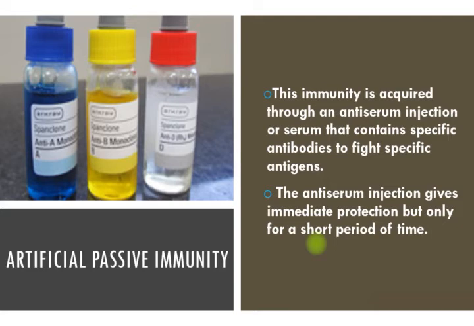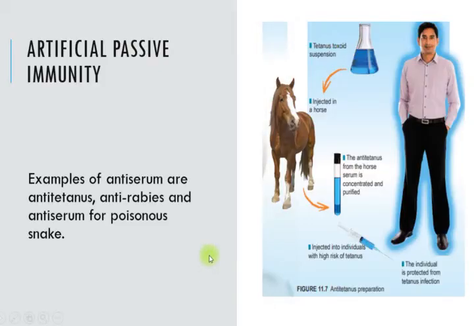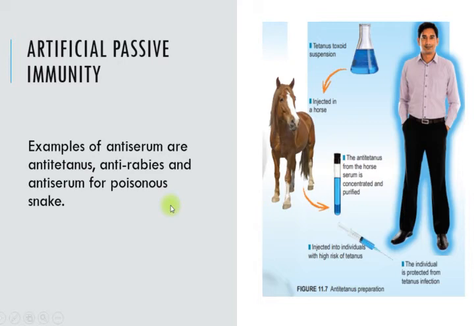It's not permanent. Examples of anti-serums are anti-tetanus, anti-rabies, and anti-serum for poisonous snake.